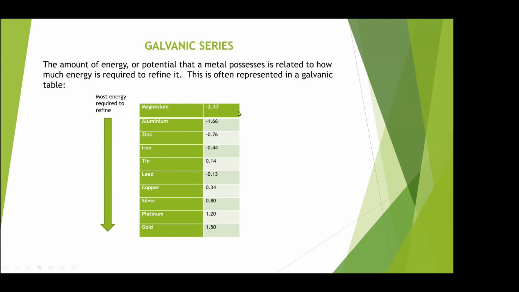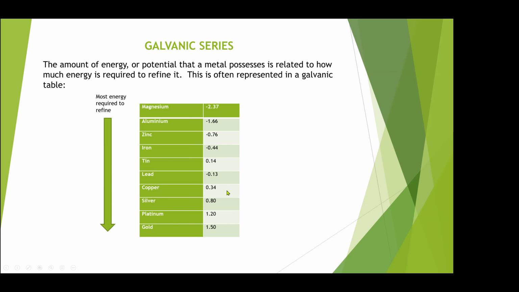Now, don't worry about these actual values against what they're measured against. I've deliberately not put the units in. I just want you to look at the rising scale. So if you connect magnesium to iron, then the magnesium will corrode in order to protect the iron. And similarly, if you connect aluminium to iron or zinc to iron.